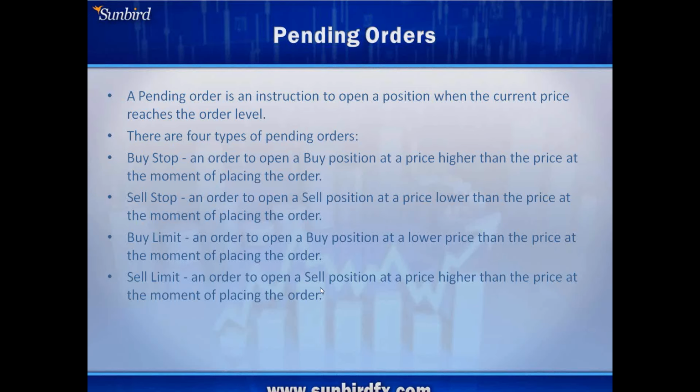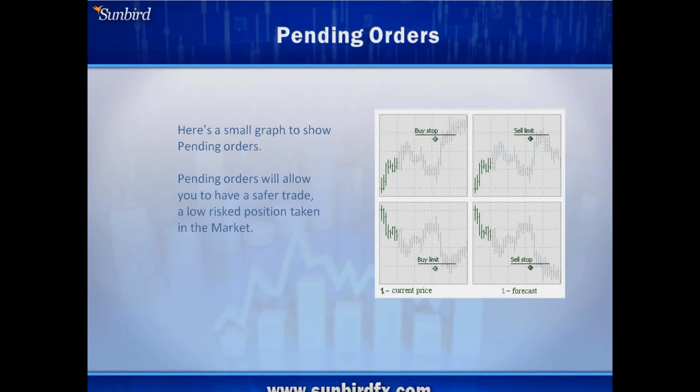Okay. Now we will be learning exactly how to use them. I'm just going to show you a small graph here. You can see this is a green line. Your buy stop is higher than the current market rate. Once it reaches here, it opens a buy position. This is a buy stop.